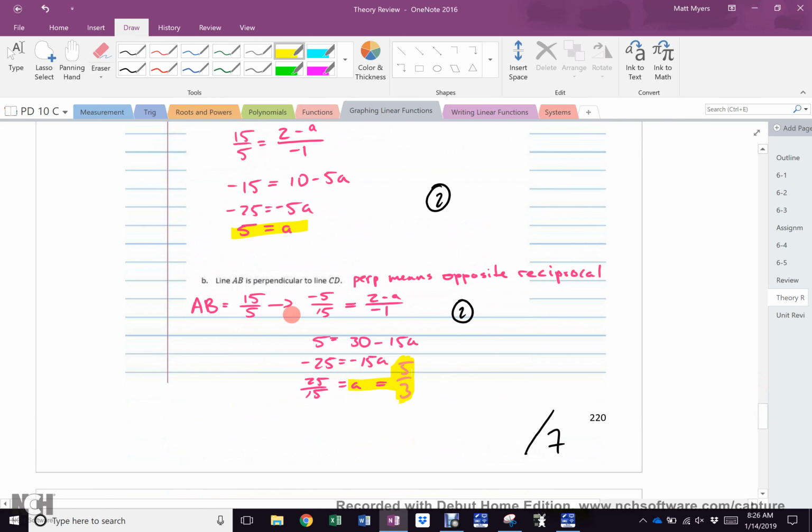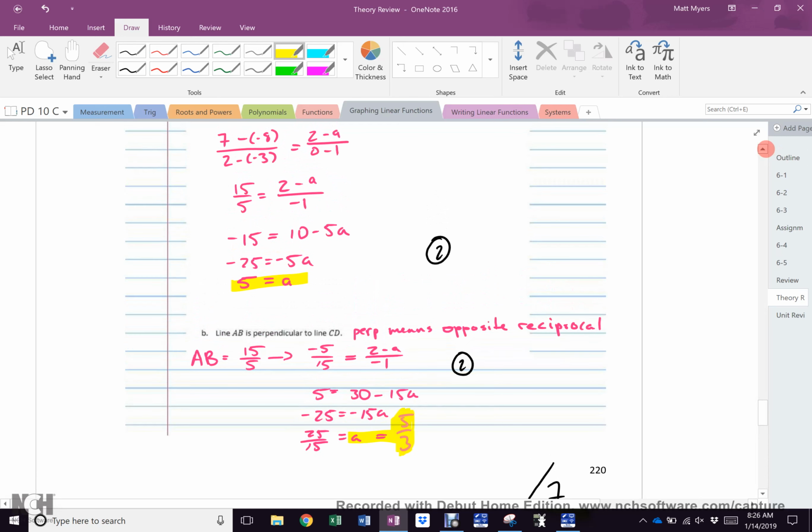So in this one, what I did was I knew my slope was 15 over 5 for AB, so I flipped it and made it negative, and I left the other one the same. Then I cross-multiplied. Negative 5 times negative 1 is positive 5. 15 times 2 is 30 minus 15A. Right. Okay.